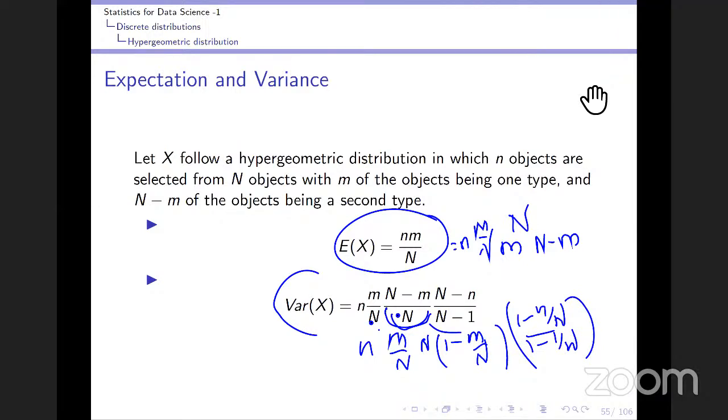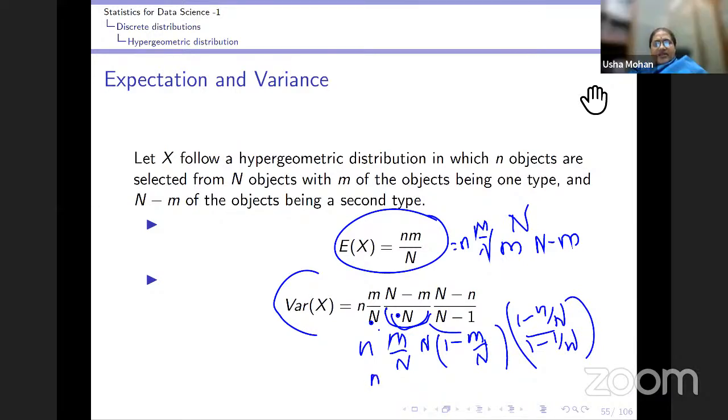Now I want to write this as n into m by N into 1 minus m by N, with N minus m, and this as 1 minus n by N, 1 minus 1 by capital N. Now, just look at this.